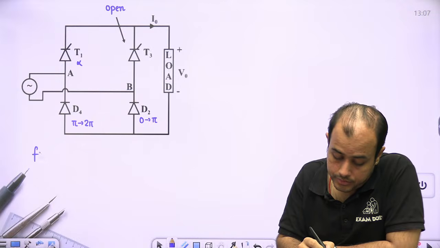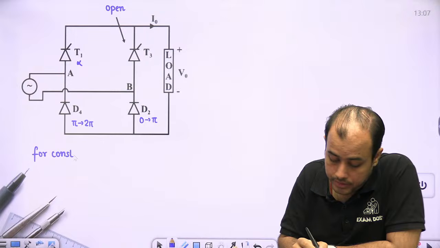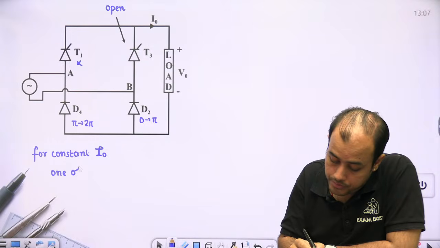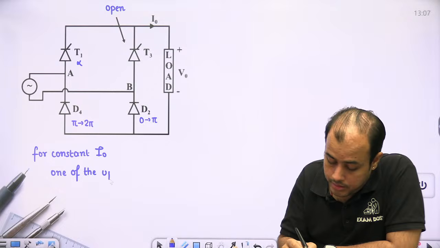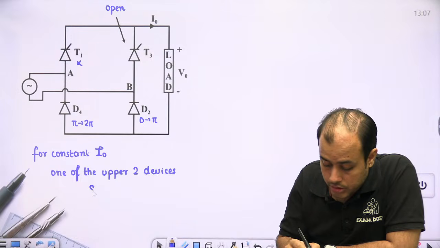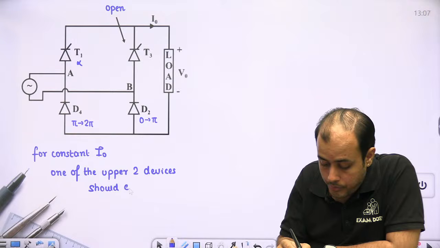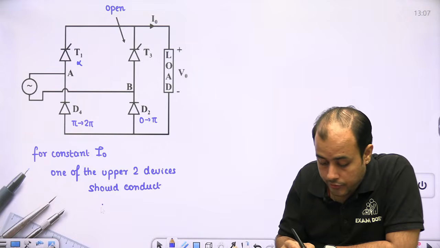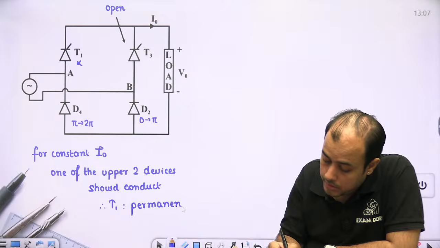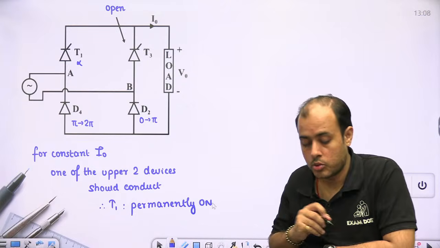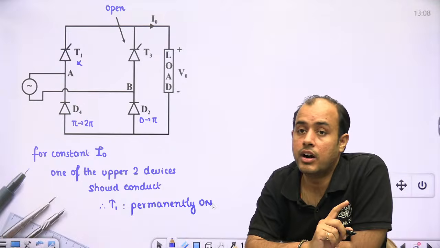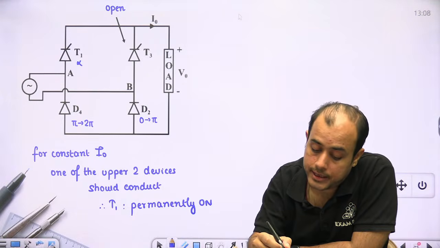Now for constant I naught, one of the upper two devices should conduct, therefore T1 is permanently on. अगर T3 ओपन हो गया तो T1 को परमानेंटली ऑन रहना पड़ेगा बिकॉज मेरे बच्चों one of the two devices should always be conducting.